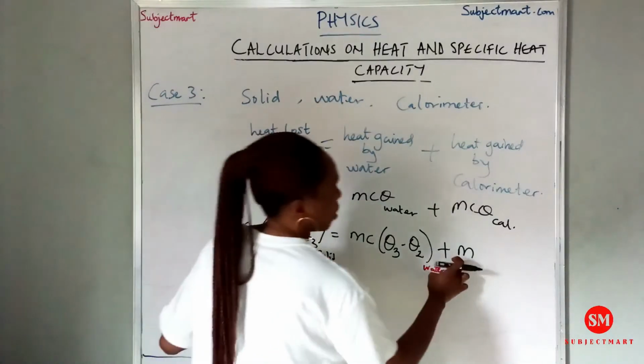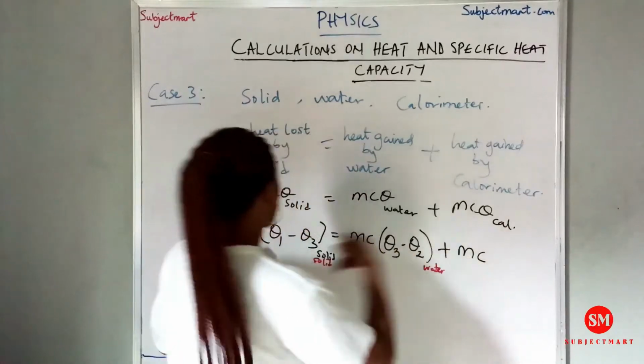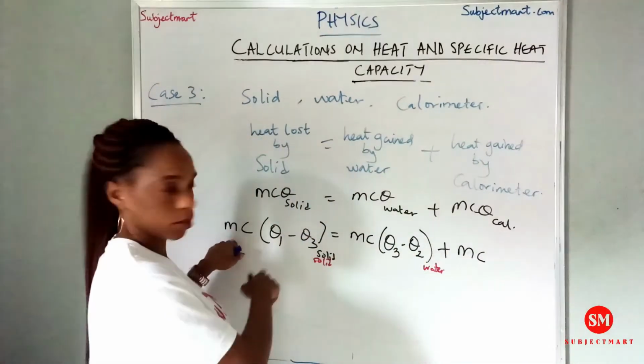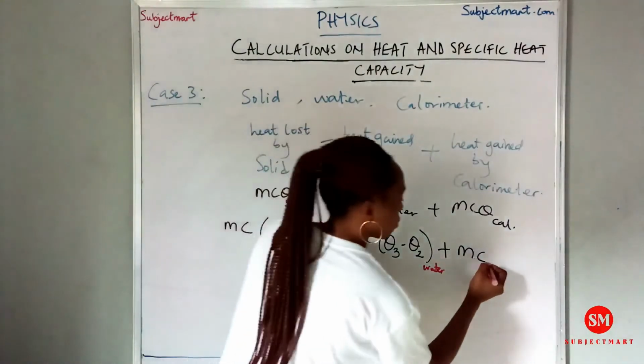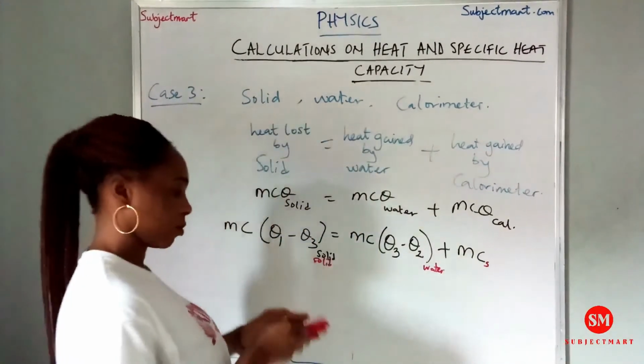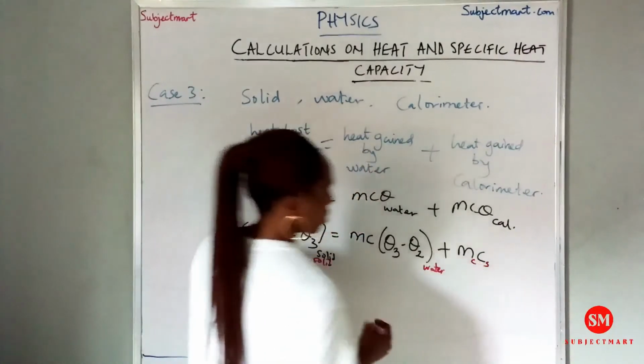So here, the specific heat capacity of the calorimeter will be that of the solid, while the mass is the mass of the calorimeter.